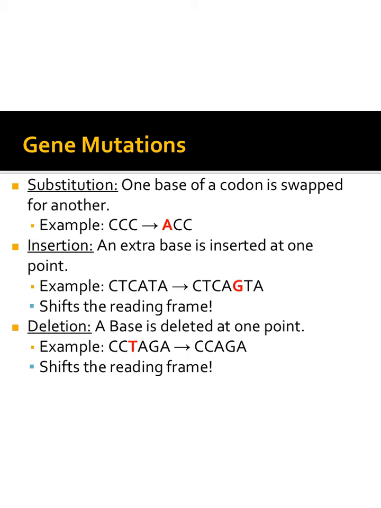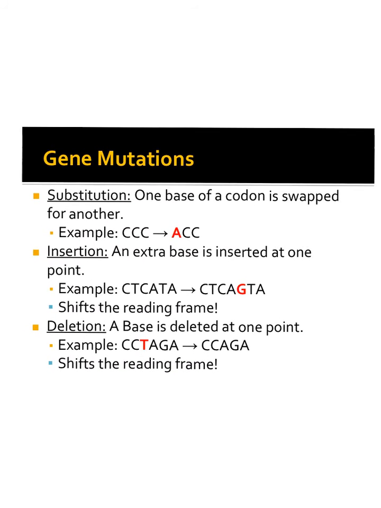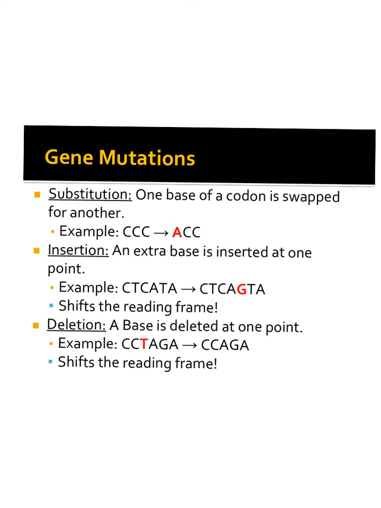So we are going to take a closer look at those 3 types of mutations that we touched on last slide. First we'll look at the substitution. That occurs when one base of a codon in the mRNA strand is swapped for another. For example, if we begin with cytosine, cytosine, cytosine, a substitution could result in something like adenine, cytosine, cytosine.